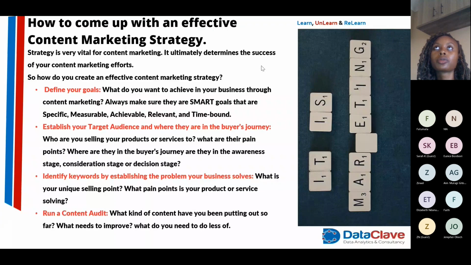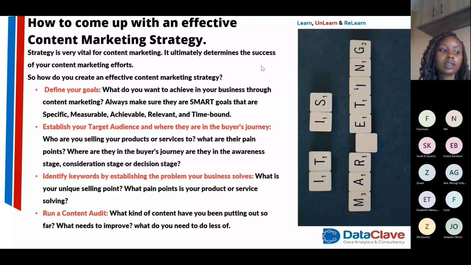Then you have to run a content audit. Let's say you've been trying to establish an online presence, or you already have an online presence across maybe the social media platforms, and you also have a website. You need to run a content audit and understand what it is that I've put out there so far and how has it performed.